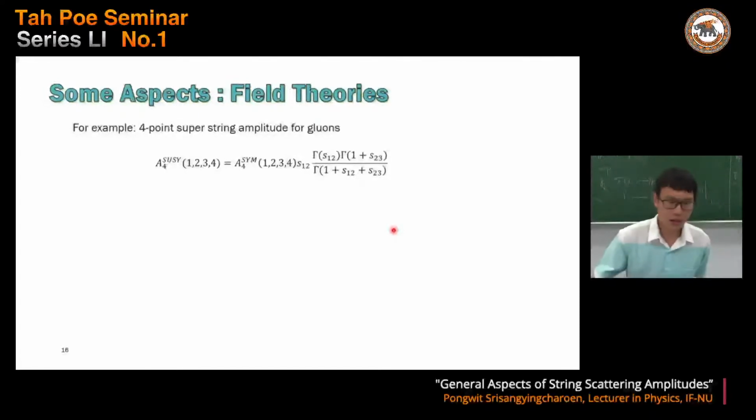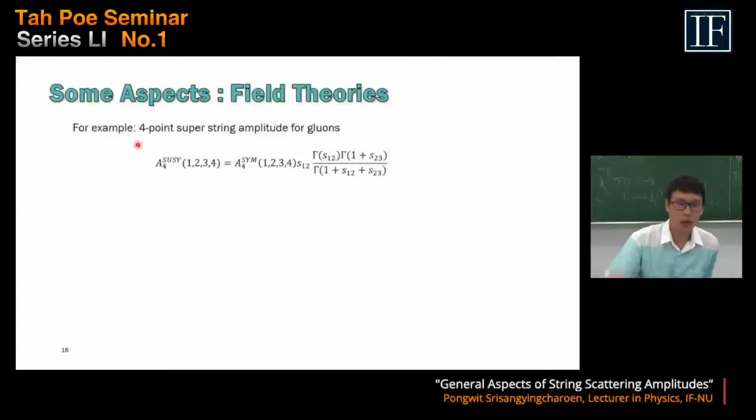This is the simplest formula for the 4-point superstring theory. It can be written as the amplitude of 4-point super Yang-Mills theory times the string terms here. The kinematic term Sij is involved, and alpha prime is inside, so this factor or this chunk here is the string correction.